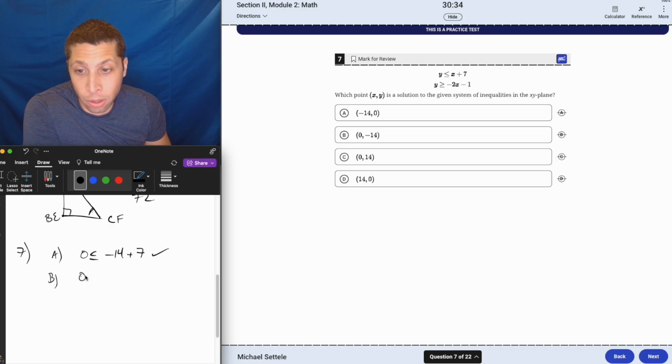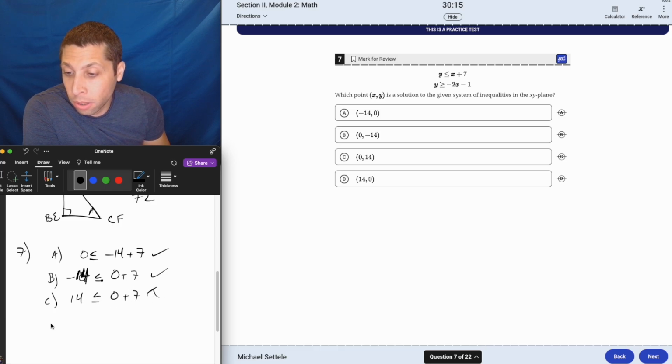So 0 or negative 14 is less than 0 plus 7. That's true. 14 is less than 0 plus 7. No. And 0 is less than 14 plus 7.